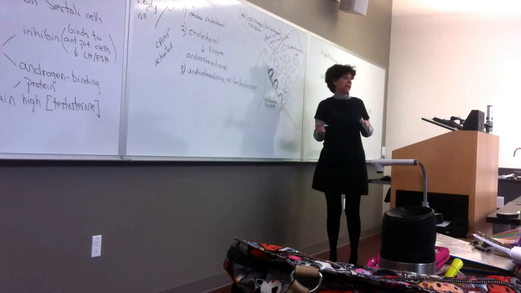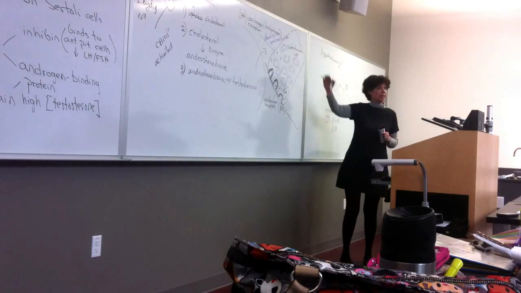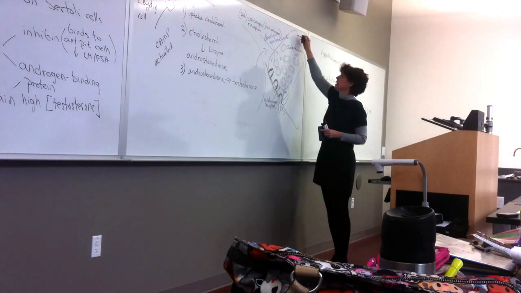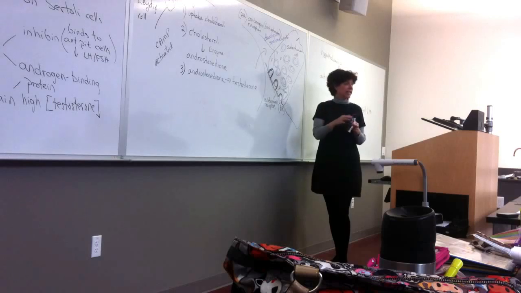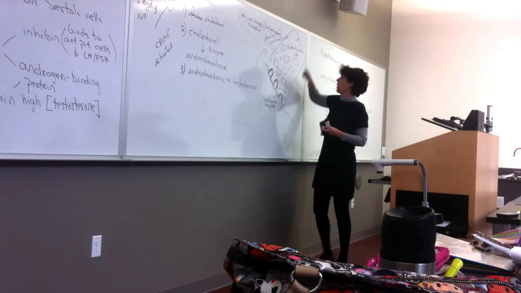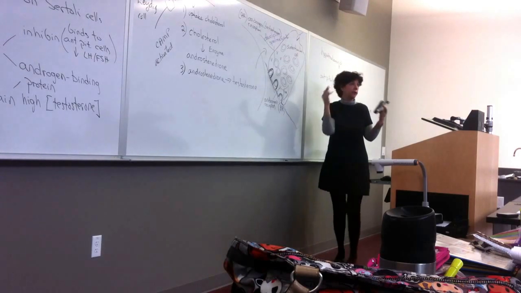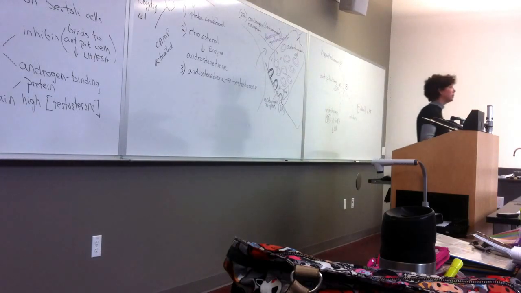Interestingly enough, the opposite occurs, and it depends on its location in the cell. Testosterone also helps separate those junctions, break down those junctions, so that when we have our late spermatids developing out here, they are free to move into the lumen.